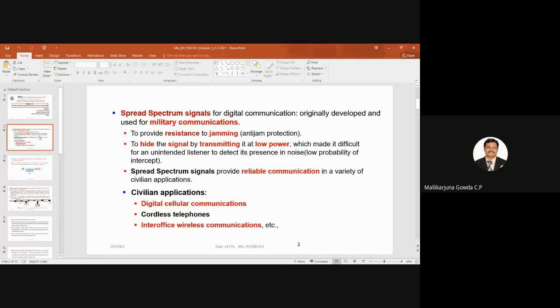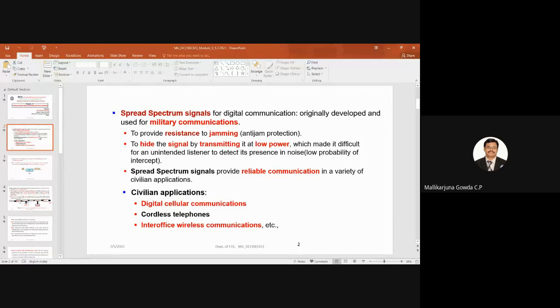By doing so, it becomes very difficult for an unintended listener to detect its presence in noise. We call that low probability of intercept. So these are the two main characteristics of spread spectrum signals.